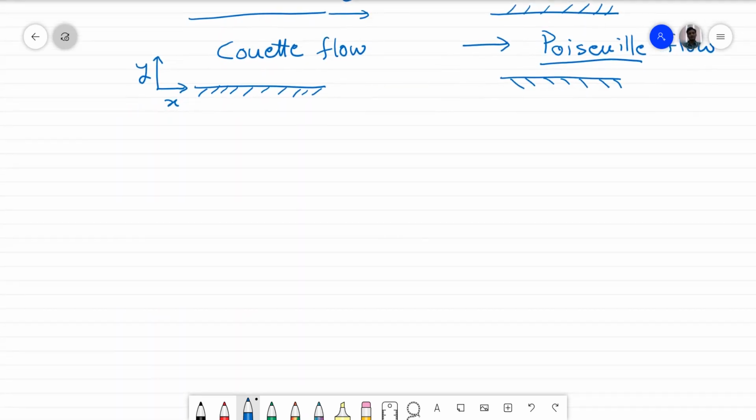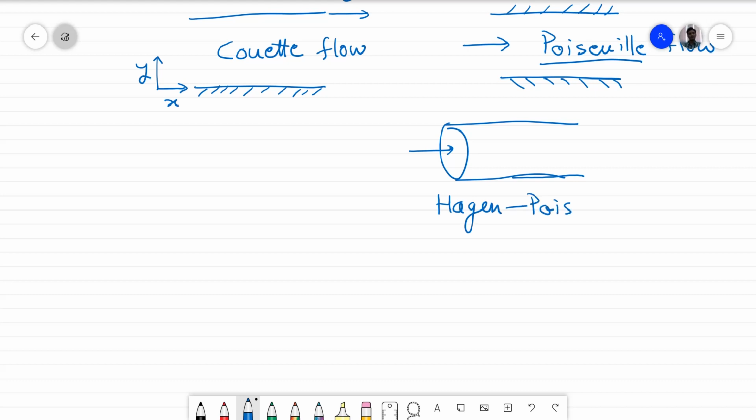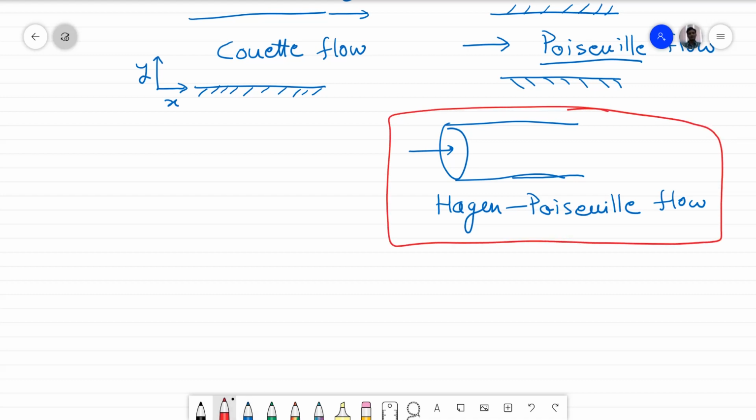Similarly, if you have a straight pipe in which there is a flow, then this is known as Hagen-Poiseuille flow. So now we will consider this configuration and derive the velocity field and stress field inside this pipe.